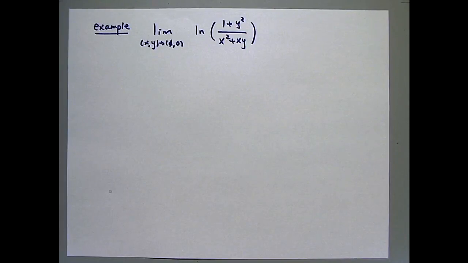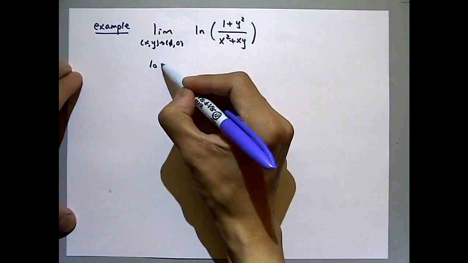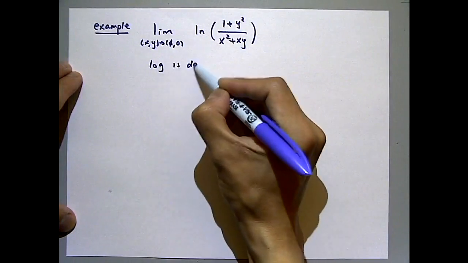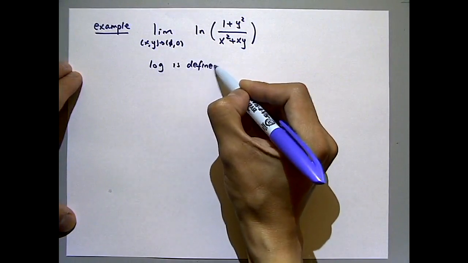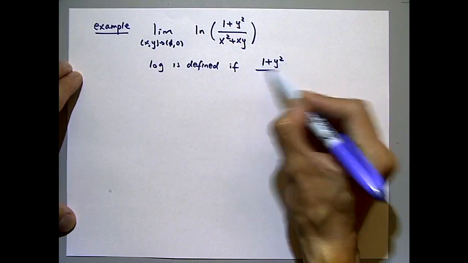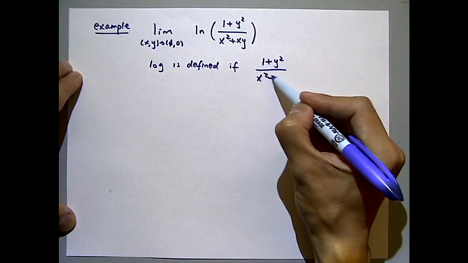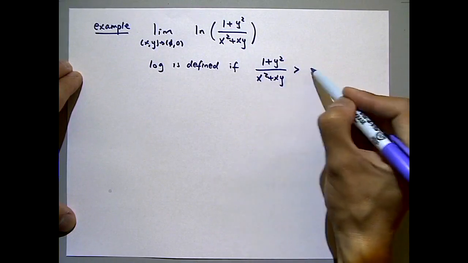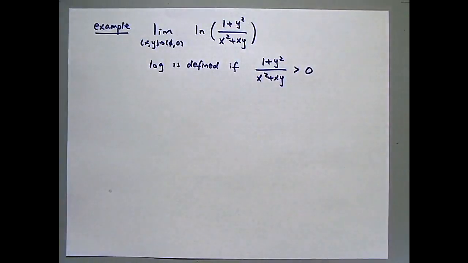Can that be 0? No, that something cannot be 0, right? So log is defined if, for this example here, 1 plus y squared over x squared plus xy is strictly positive, but not 0.